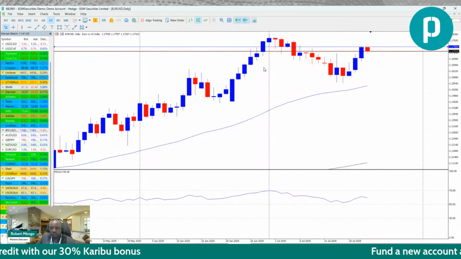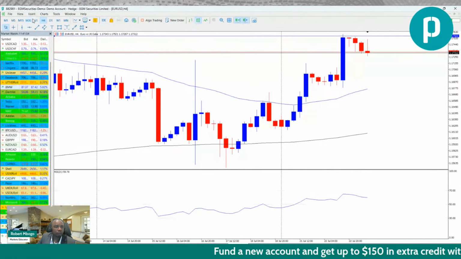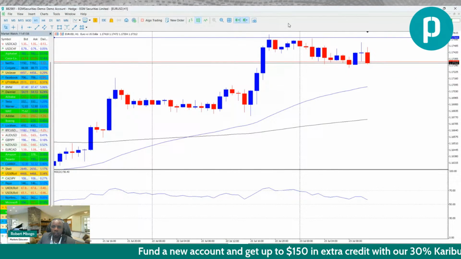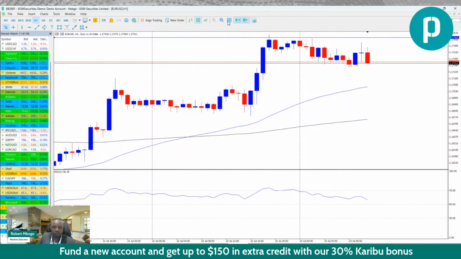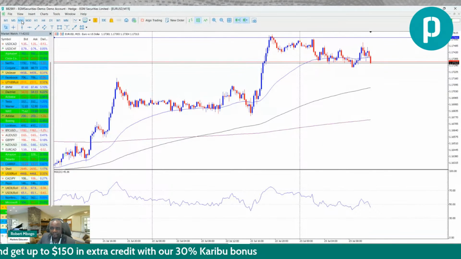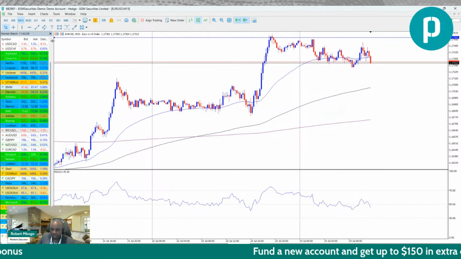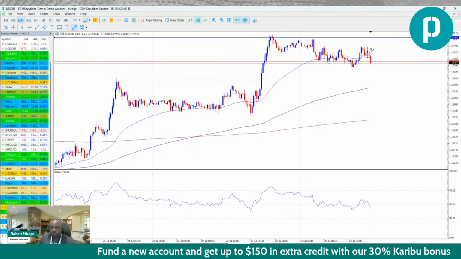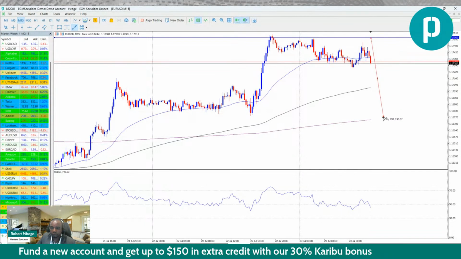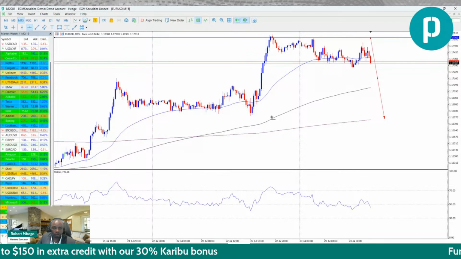Let's see. Yeah, it has. It was tested yesterday. So on Euro USD, we could be seeing a possibility of a bearish push to yesterday's low.